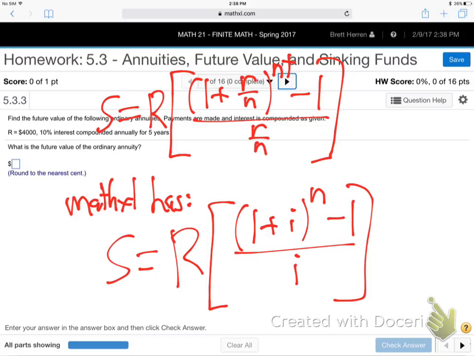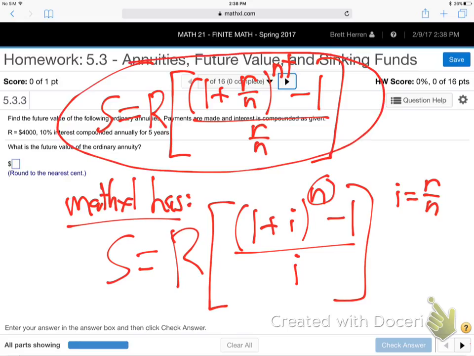They're just letting the I be R over N, and they're calling this N something a little different than what I'm calling N. So I just want you to know, if you click on the help buttons, you'll get a slightly different formula. I don't want you to be thrown off. I think you'll have an easier time using this one because everything is shown on it, and it'll be consistent with the formulas we just used in the last section.